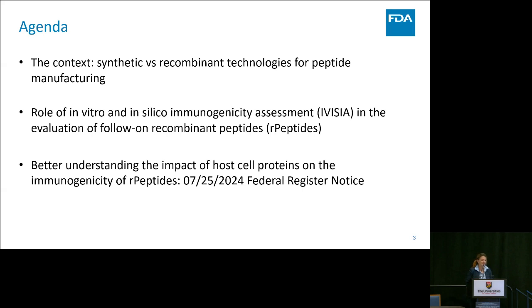And then I will shamelessly promote a Federal Register notice that FDA published back in July in order to collect more information from the public, including you, about how you control and evaluate the risk of these host cell proteins in your drug product.